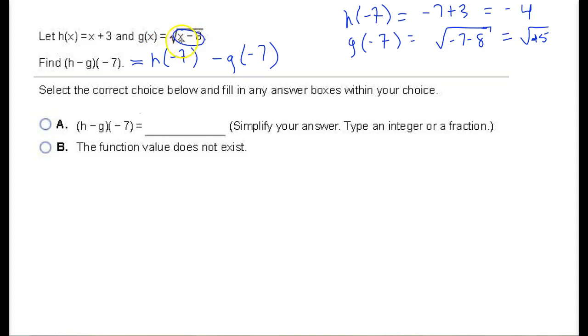In particular, we know that x minus 8 has to be greater than or equal to 0. So we have to pick values of x that are greater than 8 if we're going to plug in values of x into this function here. -7 doesn't fit that. And so in this case, that means that the function value doesn't exist because we got a real number being added to a number that's not real.